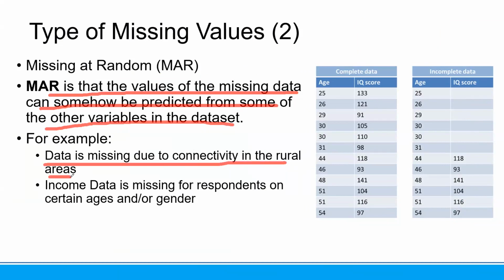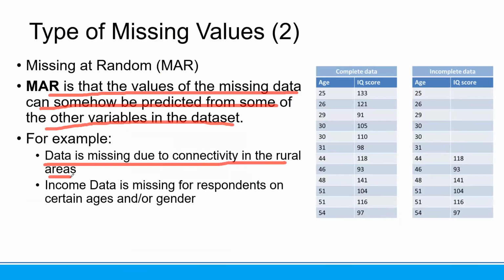In the rural areas, maybe there is not a good internet connection, so we cannot get data. Or the income data is missing for respondents of certain ages and or gender. Maybe for younger people, those who are less than 20 years old, they don't have any occupation, so the income is missing.